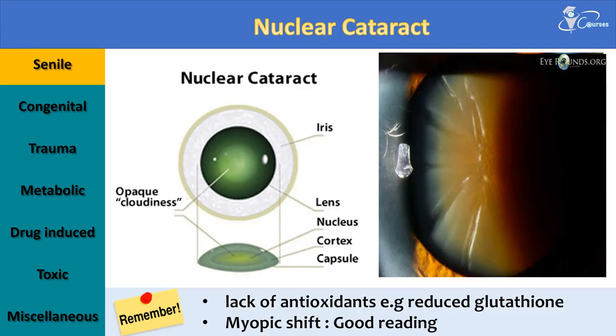But what happens if they develop nuclear cataract? They will regain the power of the lens by this myopic shift, so patients who used to complain from reading or near tasks will have very good vision for near tasks. So this is again a character of nuclear cataract, the myopic shift. This is important for the MCQs.